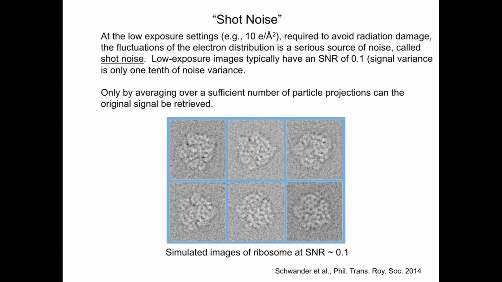So typically we need a large number of images in order to actually realize the signal contents and recognize it. And these are simulated images of a ribosome with an SNR of 0.1, and that's what we normally get.